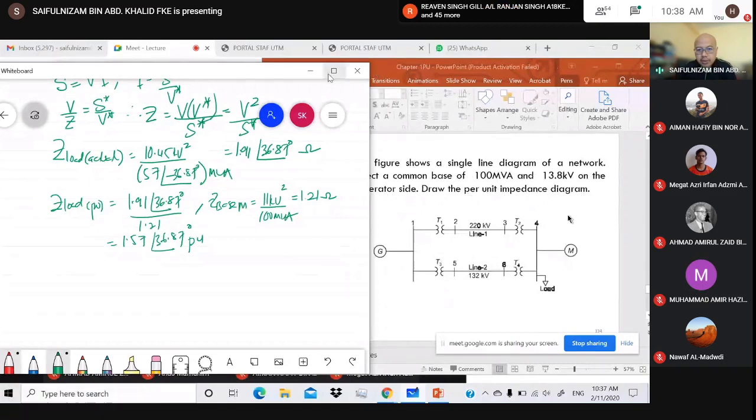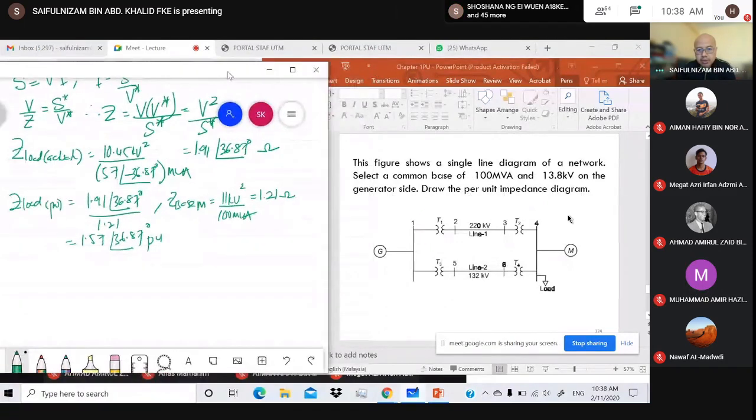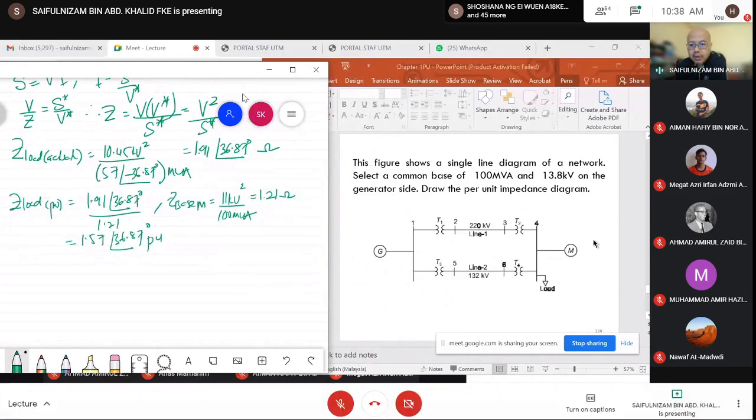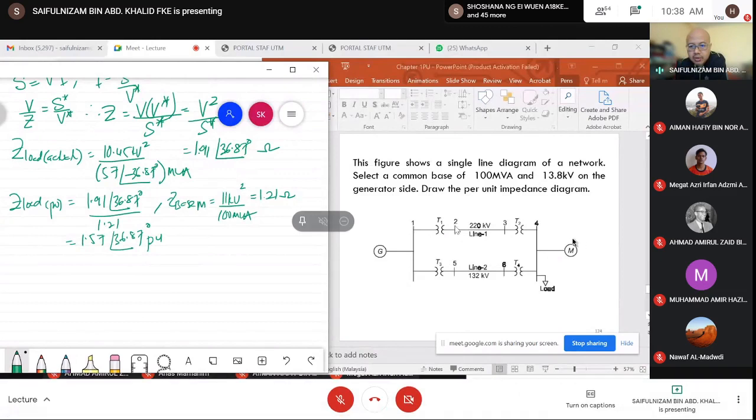Okay, so I think we have done all the conversion from the old per unit value to the new per unit value, and also from the actual value to the per unit value, for the components. And check the answer.